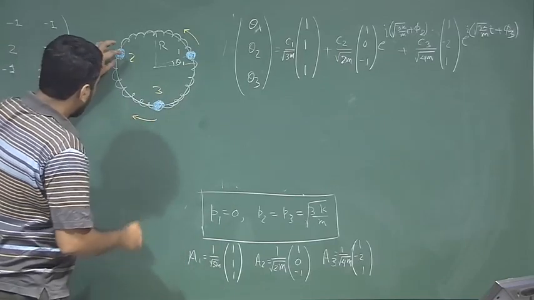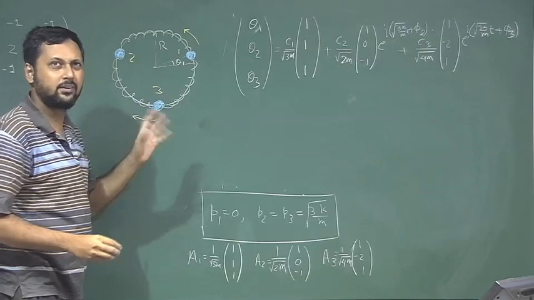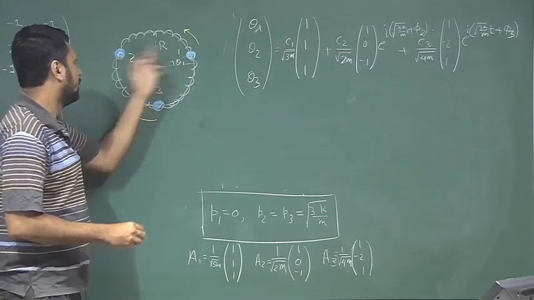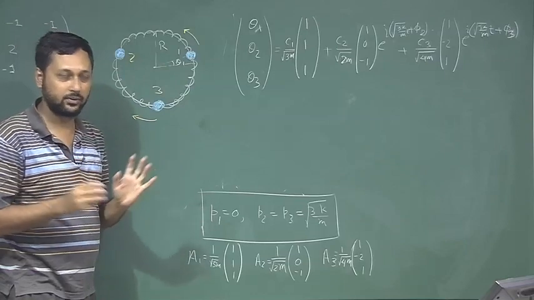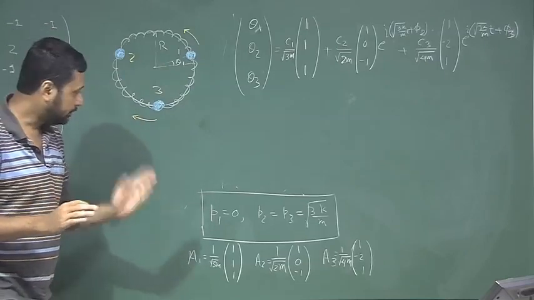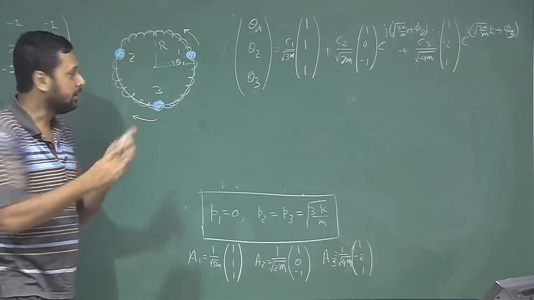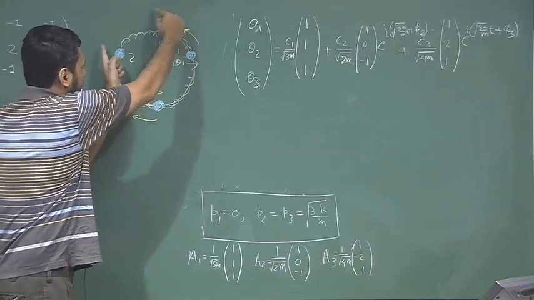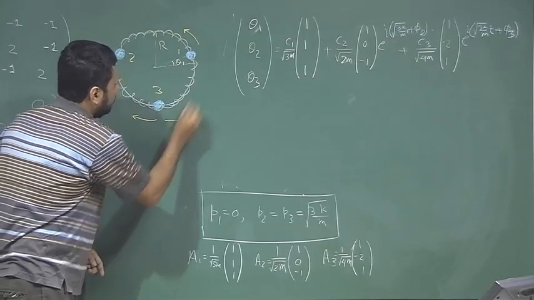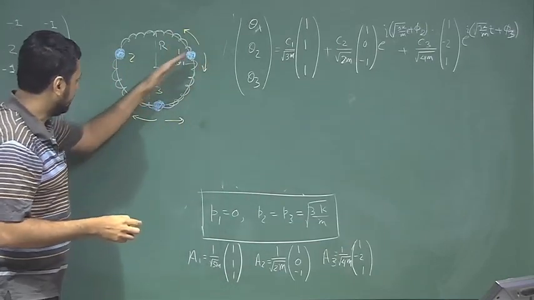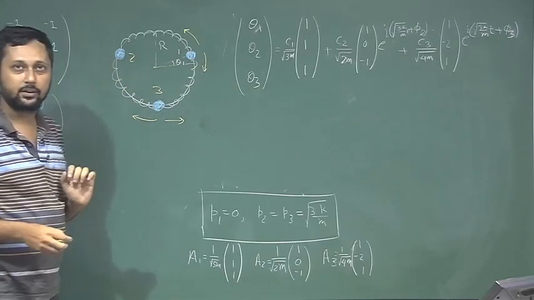So, in this mode, one of the masses, it is not distinguishable which one is the first mass, we cannot say, but all we can say is that in this particular normal mode, out of 3 masses, one mass is stationary and the 2 other masses are going like this or coming back like this. So, they are executing an oscillation around their equilibrium positions, keeping the second mass constant.